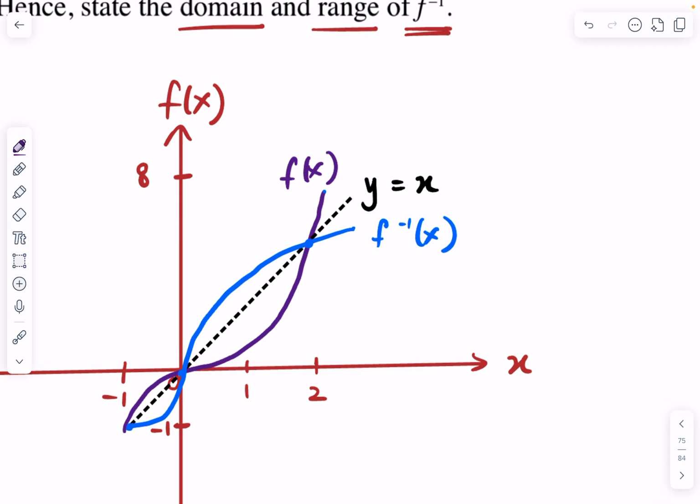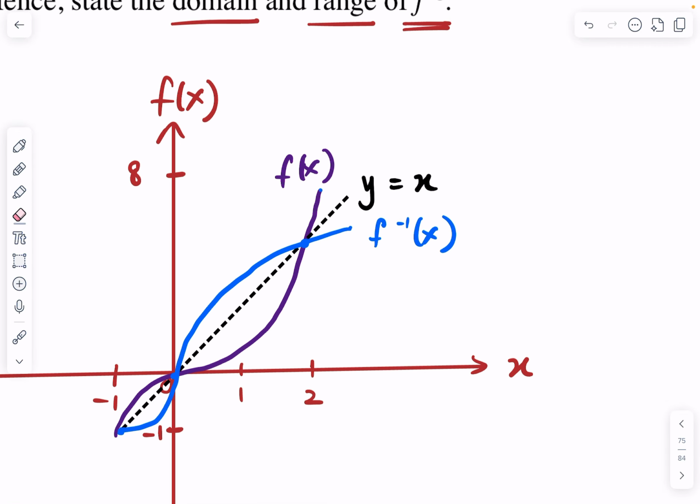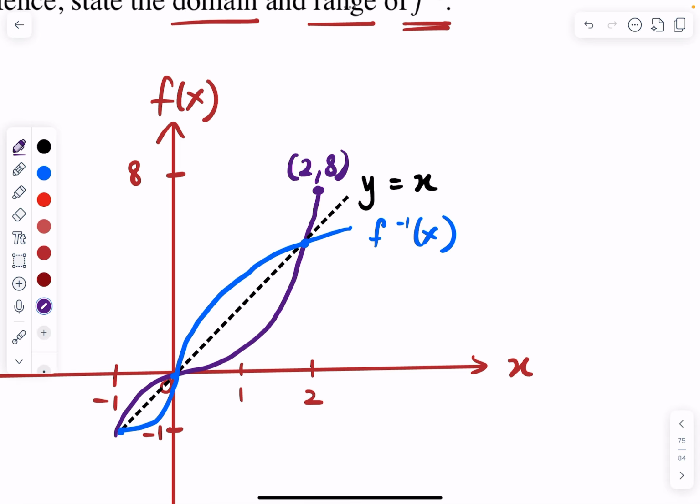So let's zoom in here. Let me erase a bit. So if this point is (2, 8), when you reflect on the line y equals x, our y will become x and our x will become y. So this point will be (8, 2) after reflection.